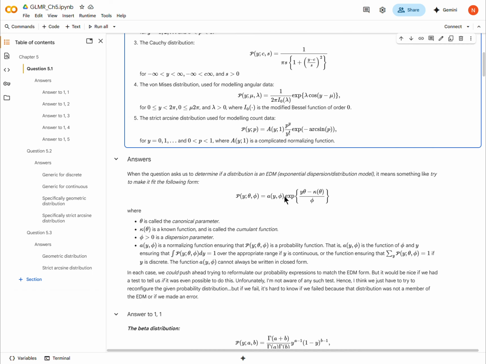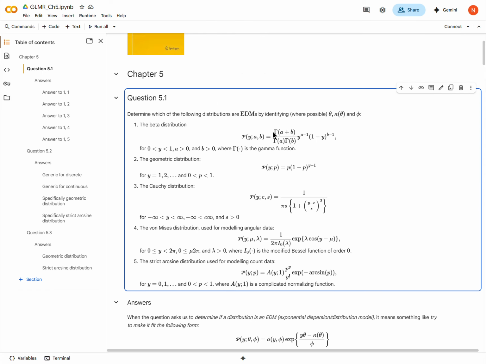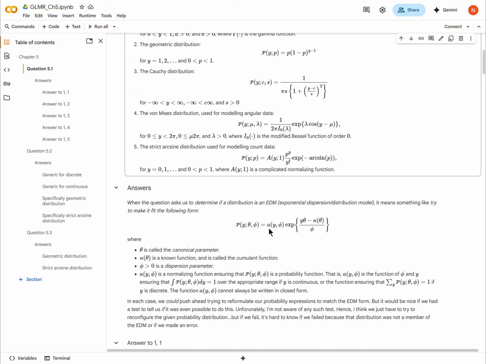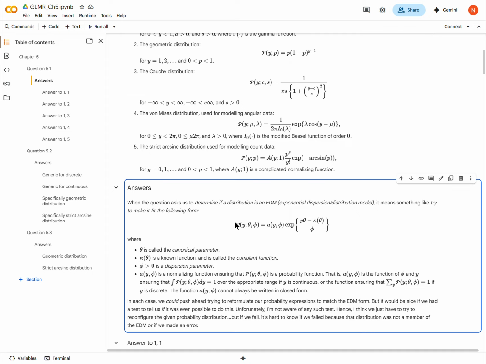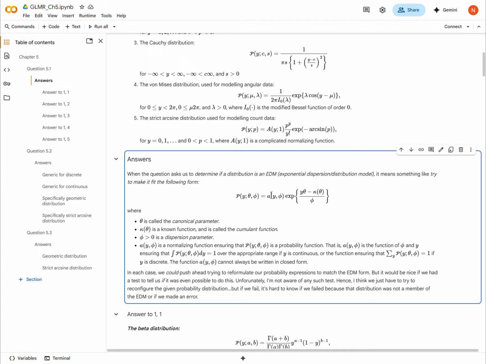So what is an EDM? Well, an EDM is a probability distribution that can be put into this format right here. This is covered in the book, where we have some function of y and the dispersion parameter phi, taken to the exponentiation of y times what's called the canonical parameter theta, minus a function of theta, which is called the cumulant function, divided by phi here.